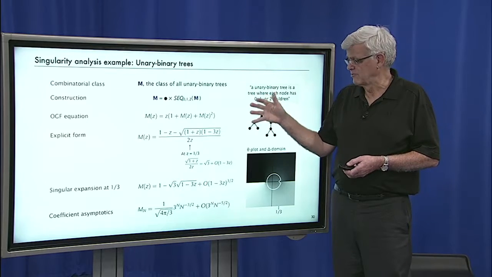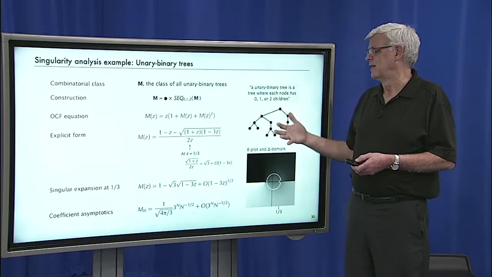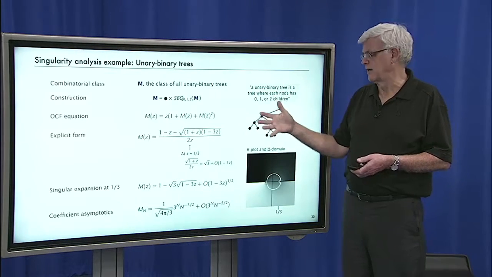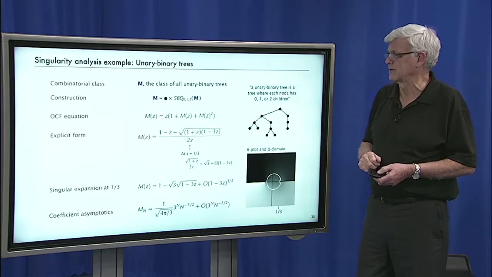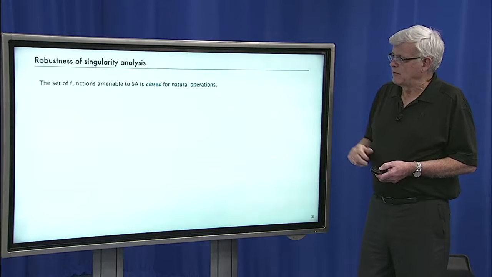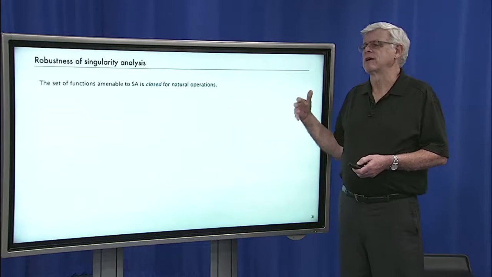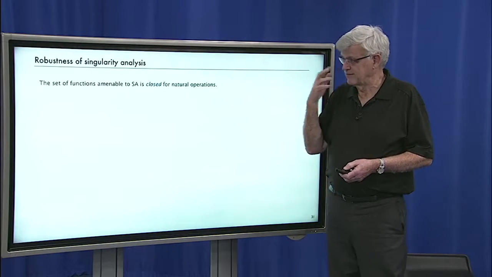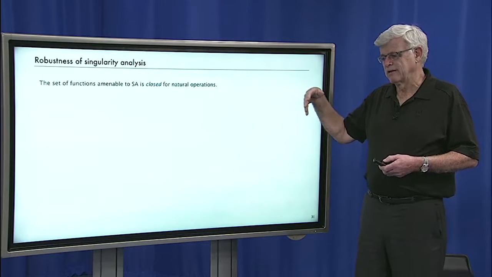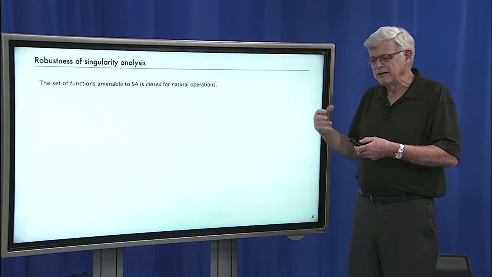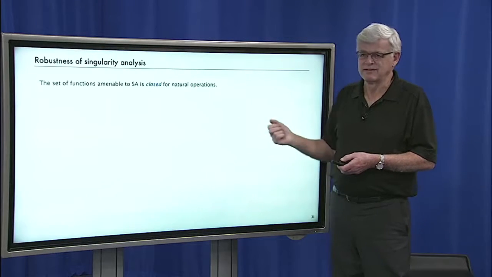And it's a very general process that's going to work for a great many of the functions that arise in analytic combinatorics. One reason that we have confidence that singularity analysis is going to be useful is that the set of functions that are amenable to singularity analysis is closed.